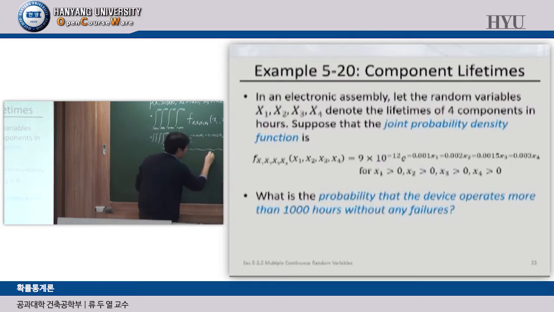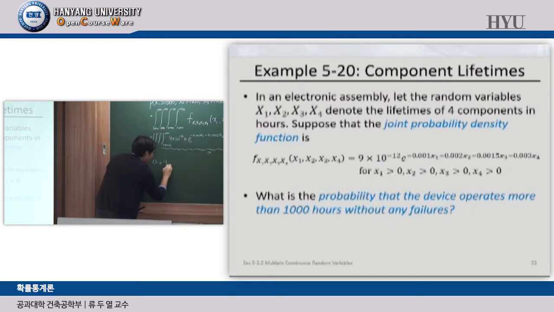And we can call this small a. Small a is equal to 9 times 10 to the minus 12 power times exponential. These terms can be extracted from the integration, because we are going to integrate with respect to dx1.